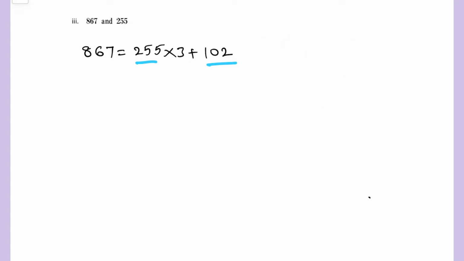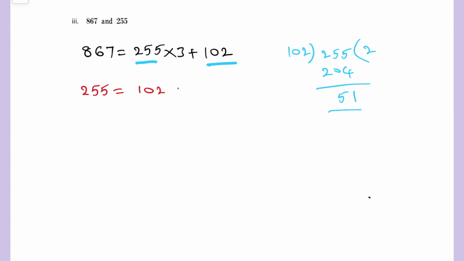So 102 and 255. 102 2s are 204. So 5 minus 4 is 1, 5 as it is. So we will get it as 255 equals 102 2s plus remainder 51.